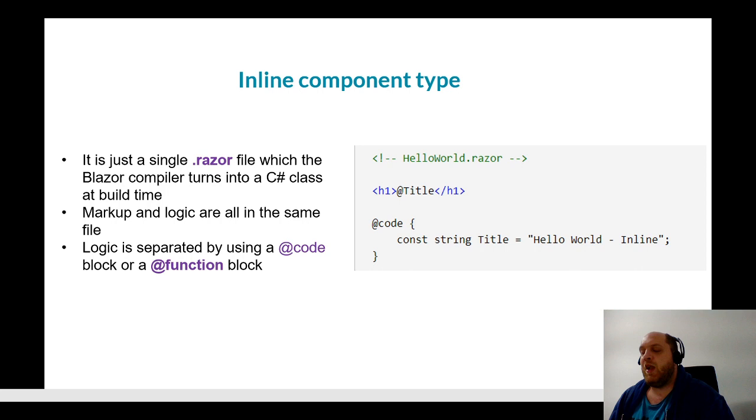But if we have 1,000 lines of HTML, and then at the end another 500 lines of C# code in this code directive, then of course it's very difficult to find something there. So again, this type of defining a component might be useful in very simple components where you have just a few lines of markup and just a few lines of C# code.